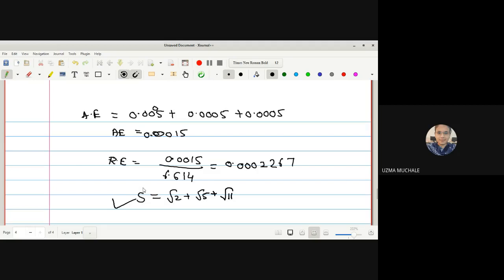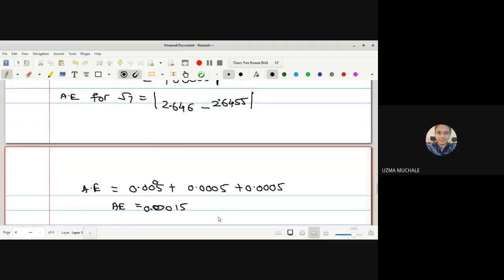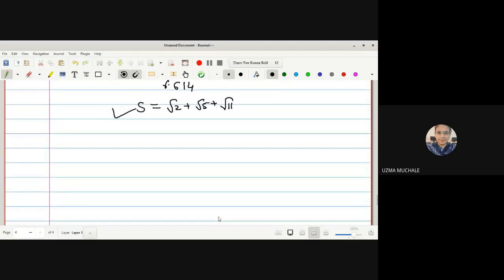Solve this example and tell me the value of absolute error and relative error. Again, you have to work with 4 significant digits, same as the last example we studied.